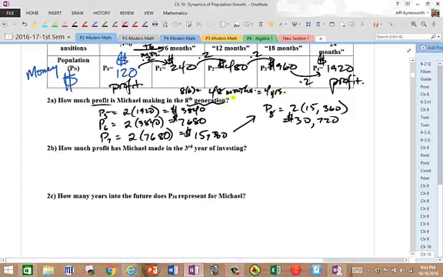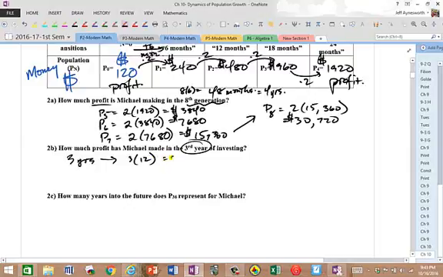But in this case, the question is how much profit will we make in the third year of investing? Well, let's see. After 3 years, there's 2 transitions per year. Or you can do months, however you want to do this. So it's 3 times 12 months per year, which is 36 months.